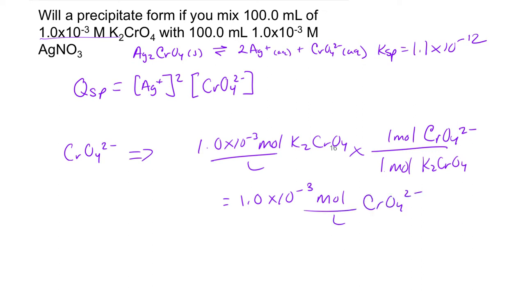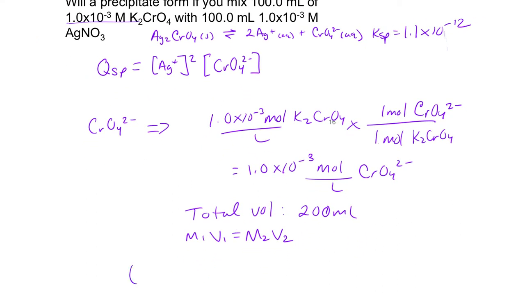But then we're going to take that and dissolve it or mix it with another 100 milliliters of solution. So we have a new total volume of 200 milliliters. So we need to use M1V1 equals M2V2 to figure out the concentration of chromate in the mixed beaker.